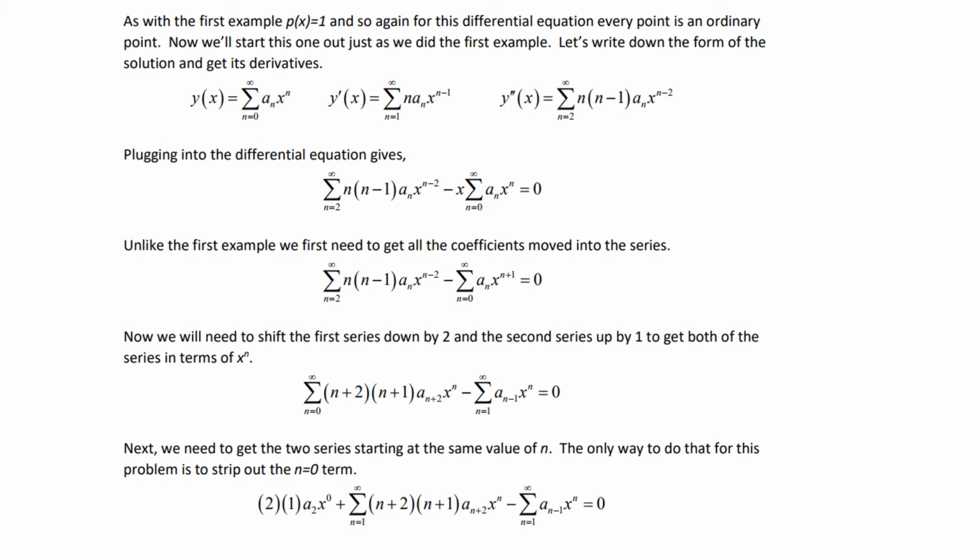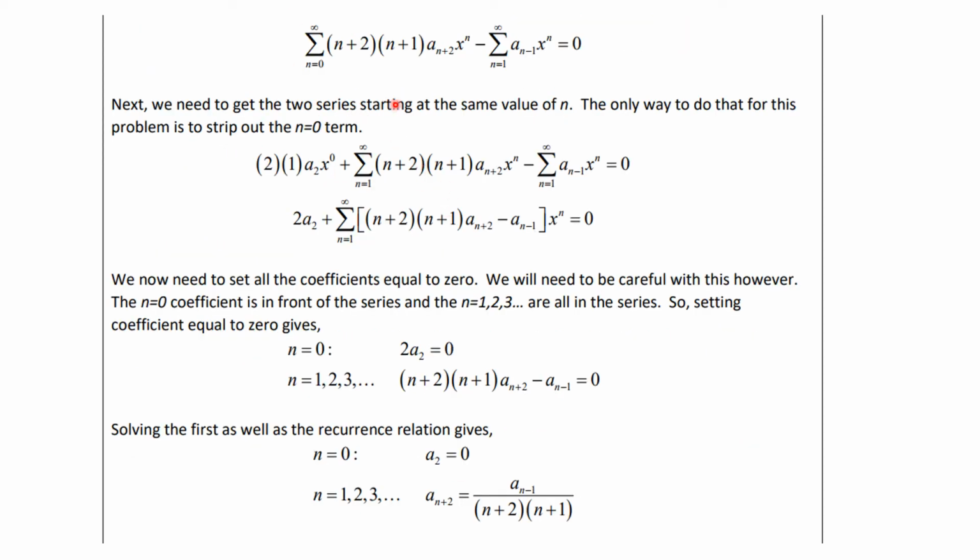So let's look at just that. Now don't forget there is the first term that's there, but now we have this, and so we will consolidate that inside the same sum. And now you see for n equals 0 we have that first term, 2a2 is equal to 0, and that means that a2 is going to be 0.